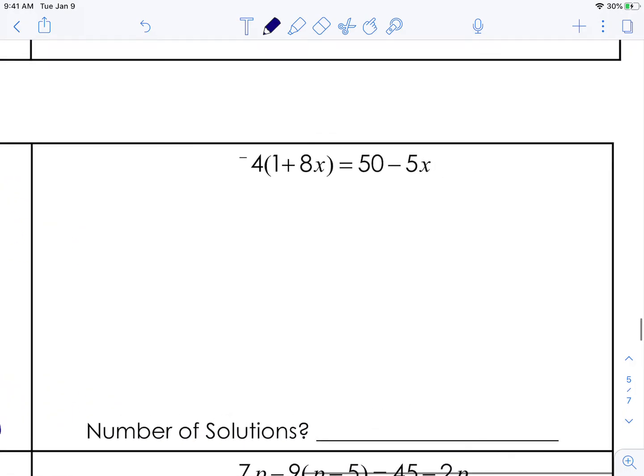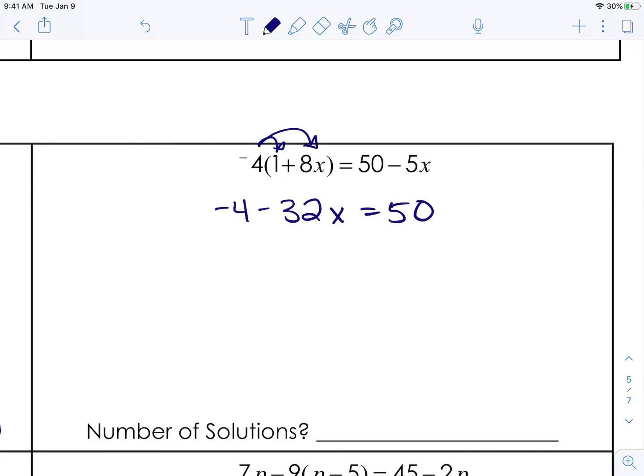This example over here, once again we distribute. Negative 4 minus 32x is equal to 50 minus 5x. My variables are not the same here, so I know that this is going to actually have a solution. So I will add my 5x to each side.